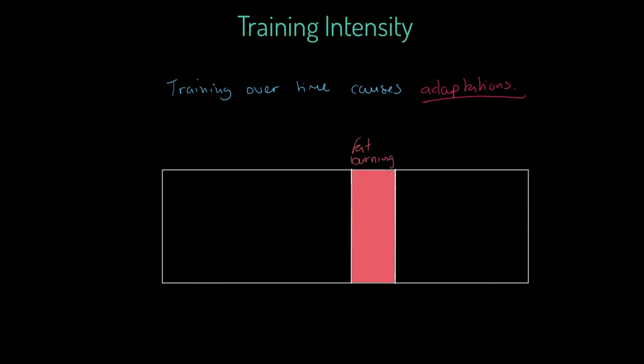And I want you to be clear that this is from 50 to 60% of what we refer to as max heart rate. So this whole area represents heart rate, and max heart rate would be this line here, right at the end, the maximum up here.